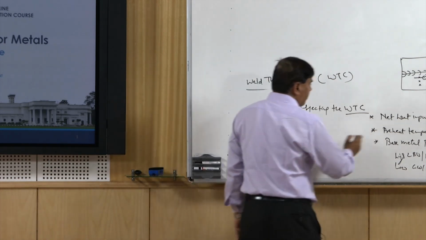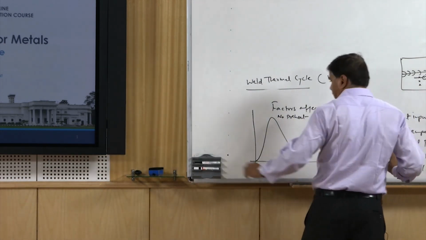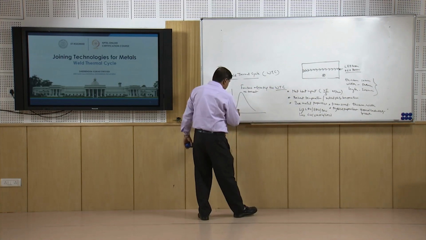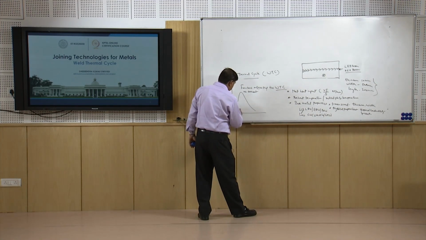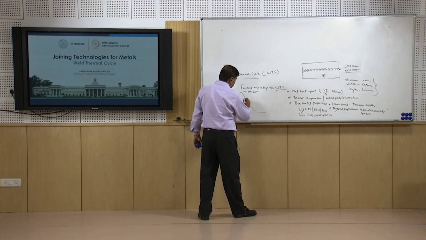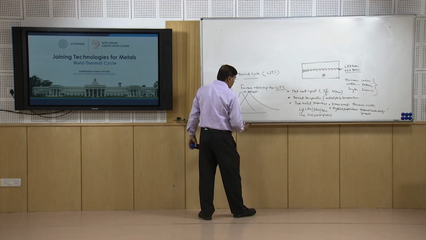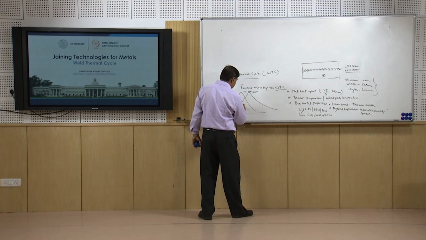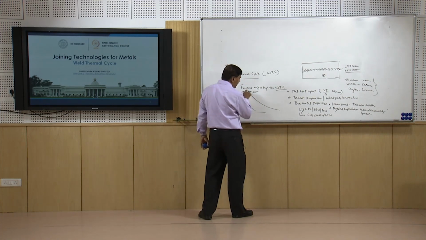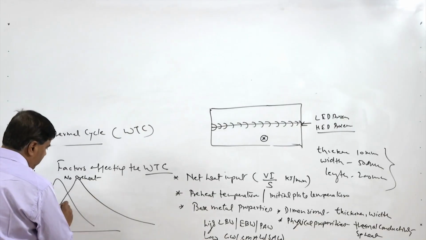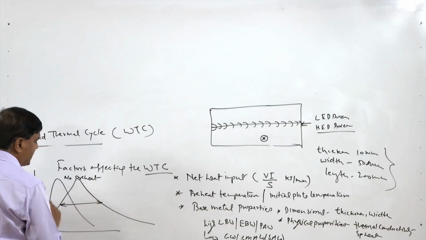And when the preheating is used, the rate of temperature rise decreases, it reaches the peak temperature and then it starts cooling slowly. So here the slope is low, so rate of heating is reduced, rate of cooling is also reduced, but at the same time the soaking period is increased.